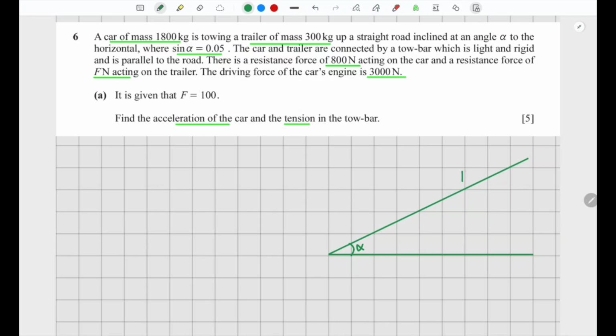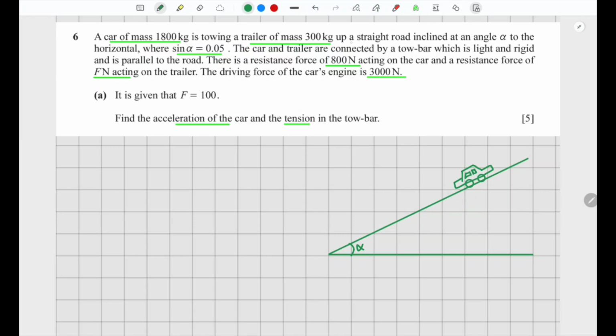Suppose this is your car. Okay, how are they moving?